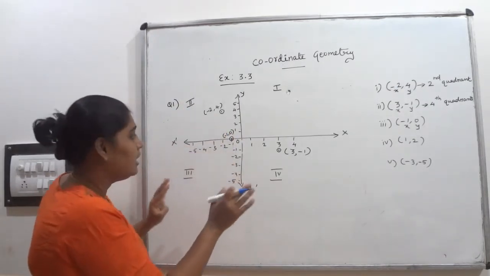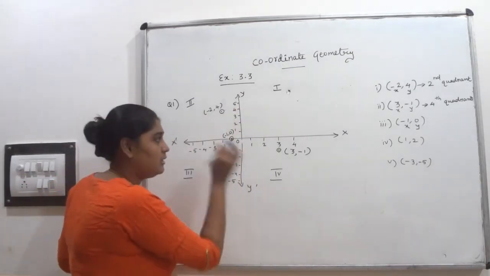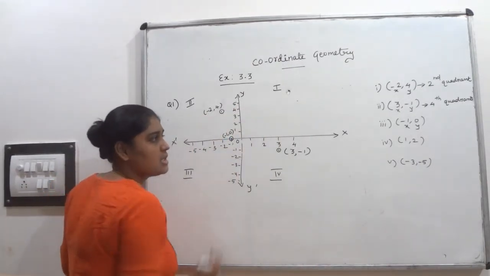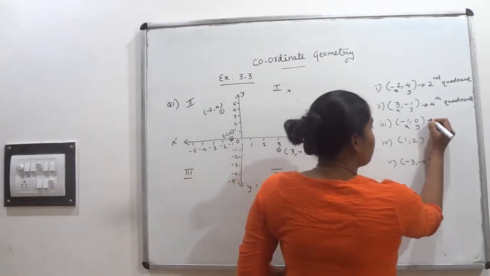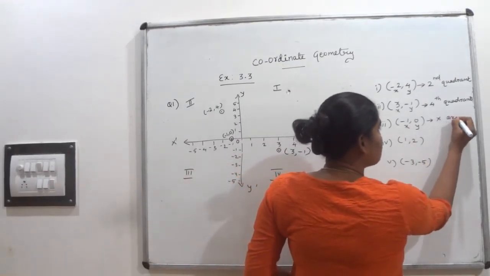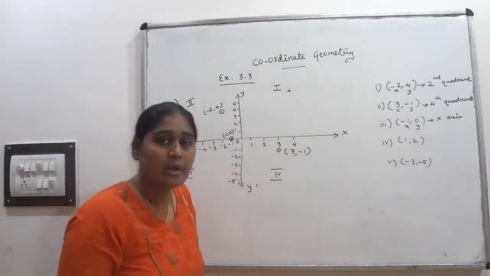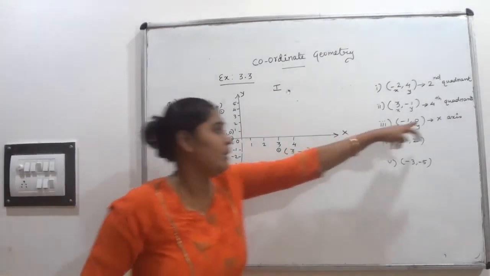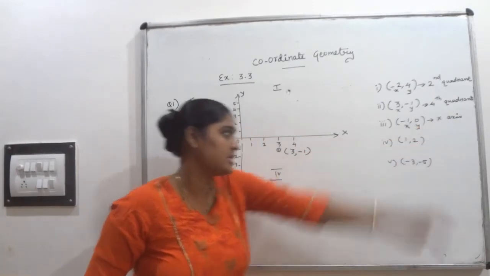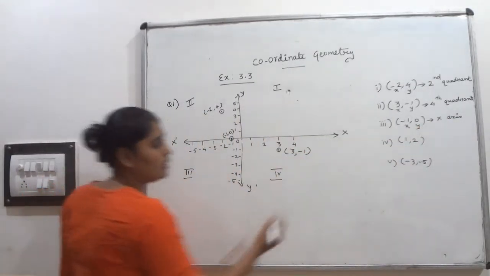This point does not lie on any quadrant. It lies on the x-axis, so you have to write x-axis. In the question they asked whether these points lie in a quadrant or on an axis, so we can mention the axis also.